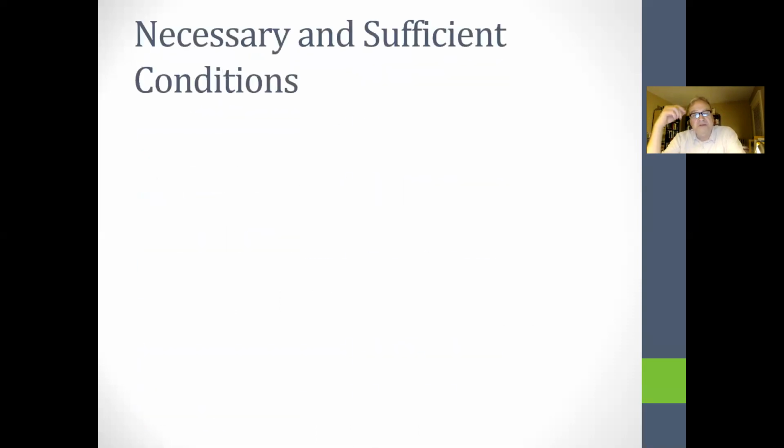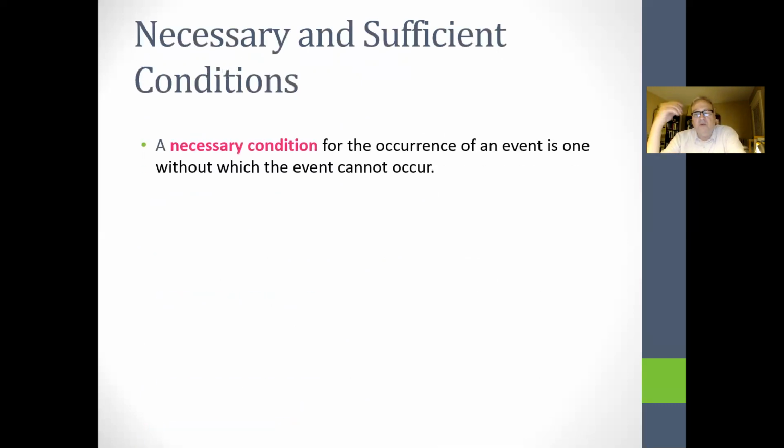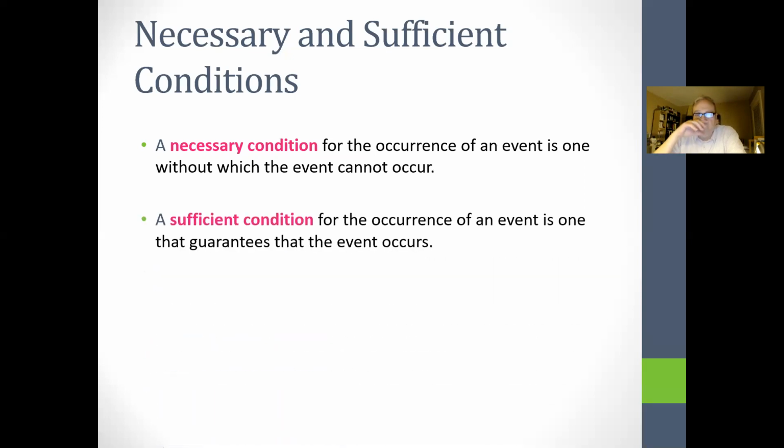In causal arguments, another couple of concepts that are important are necessary and sufficient conditions. If the occurrence of a condition will necessarily lead to something happening, then you have a necessary condition. If you have a condition whereby the event will happen, but it's not necessary for this event to happen because of the condition, then you have a sufficient condition.